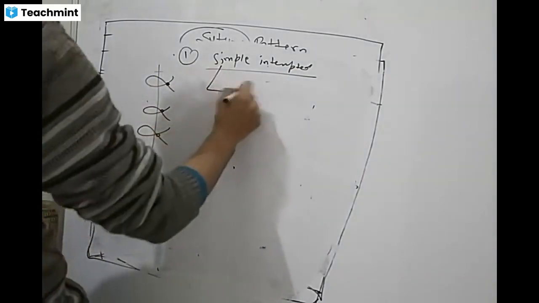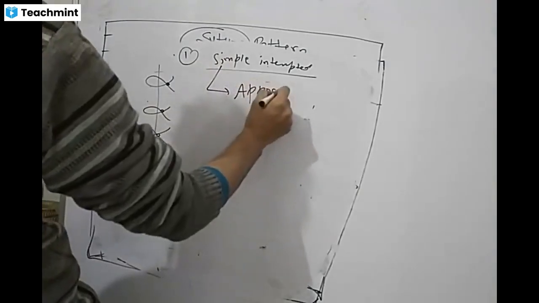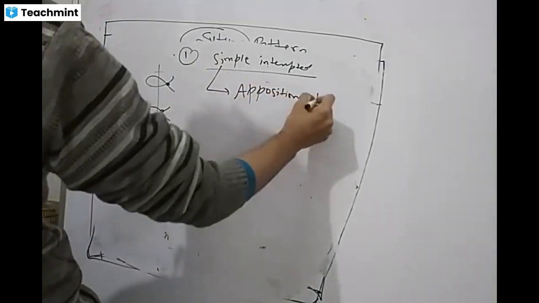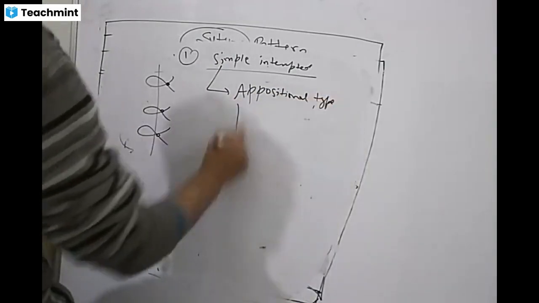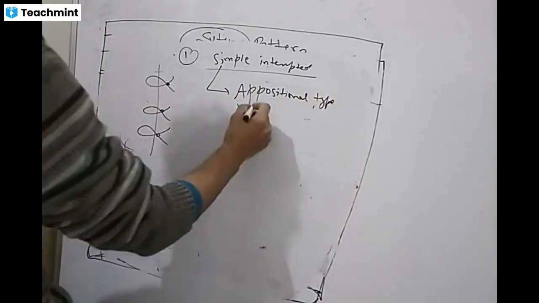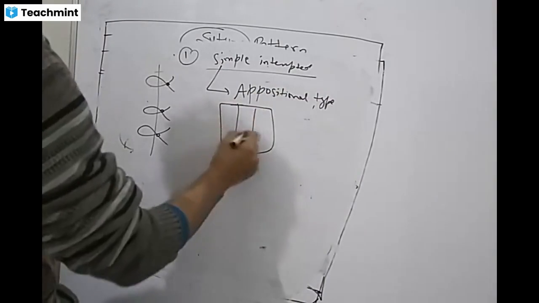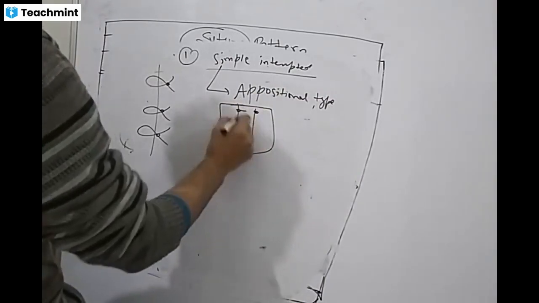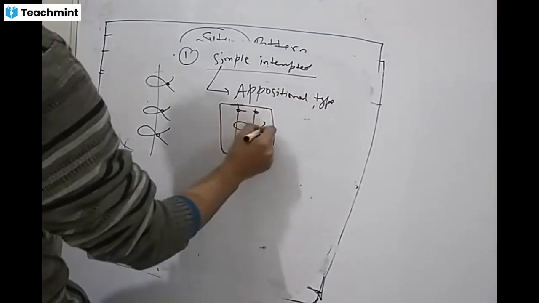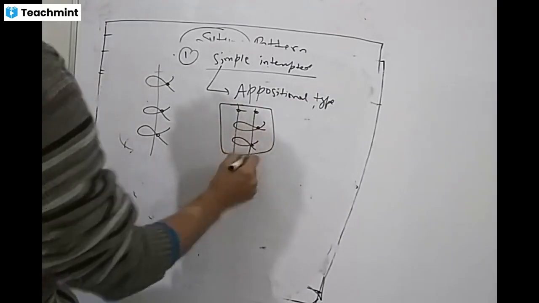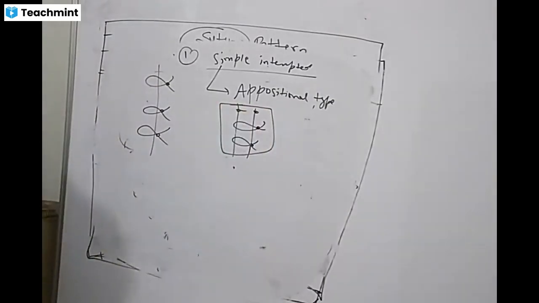This pattern is normally appositional type. It means these are the two edges of a wound, and it brings these edges near to each other, opposed to each other.